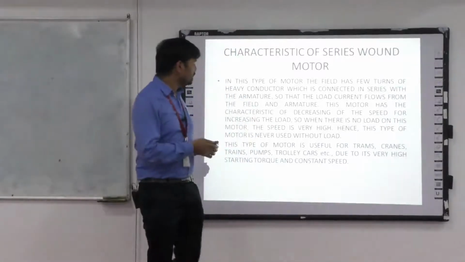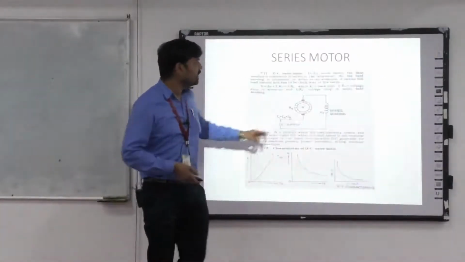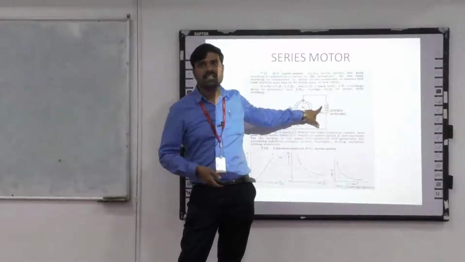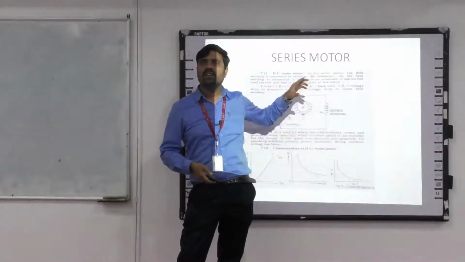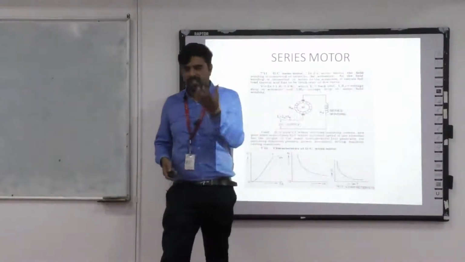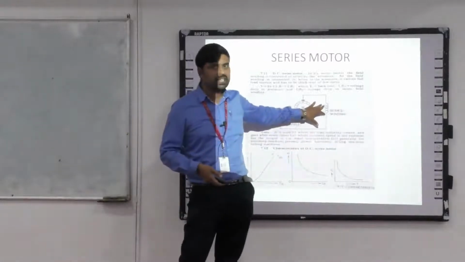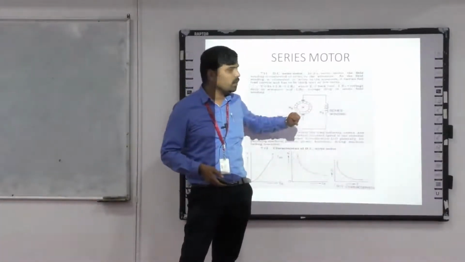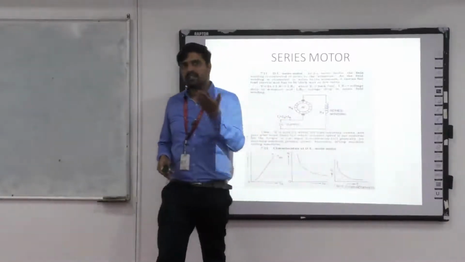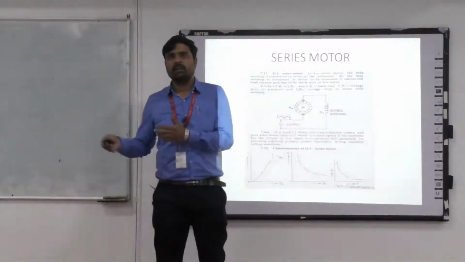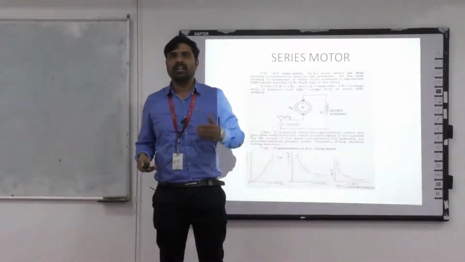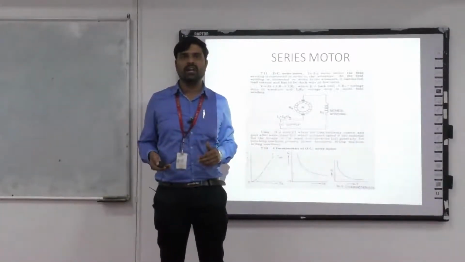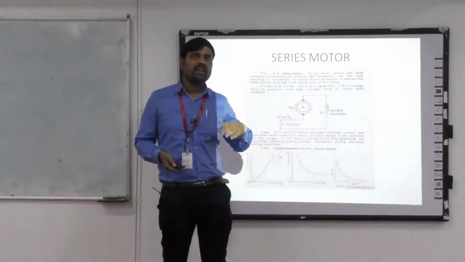Here in the series motor, the field winding is connected in series. So whatever the load is given, the load current increases, and the current flowing in the series field winding also increases. So the flux also increases. If I do not connect the load, what happens? No current flows in the series field winding, or we can say the flux is very less.